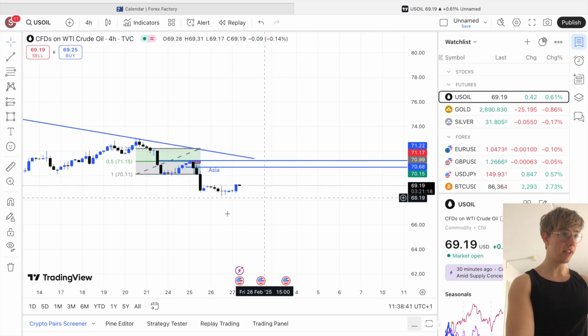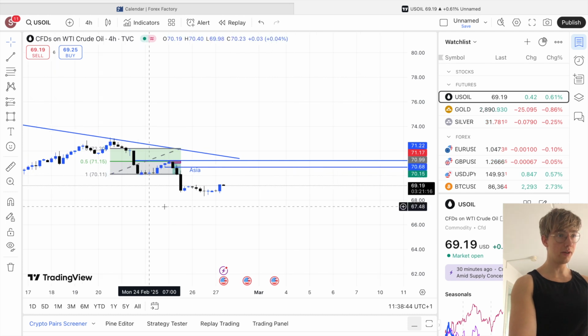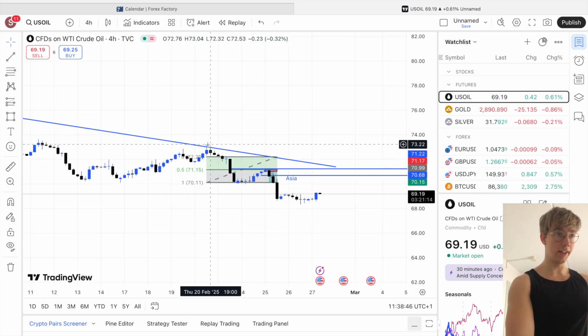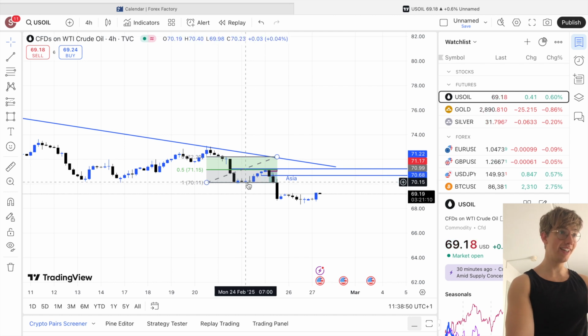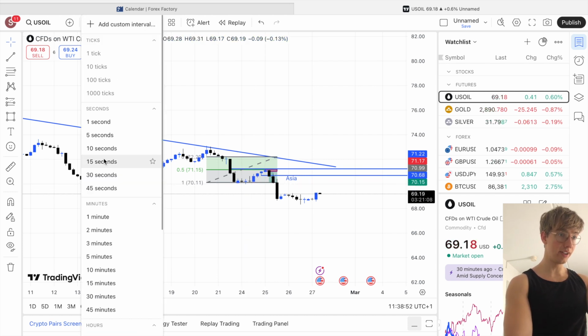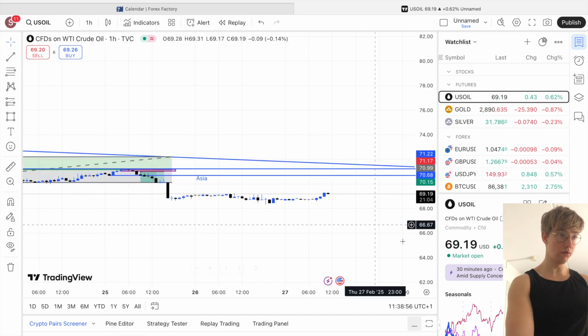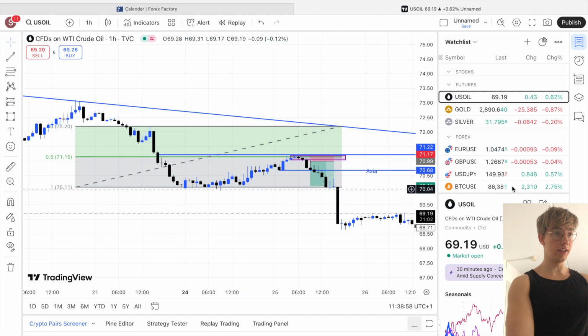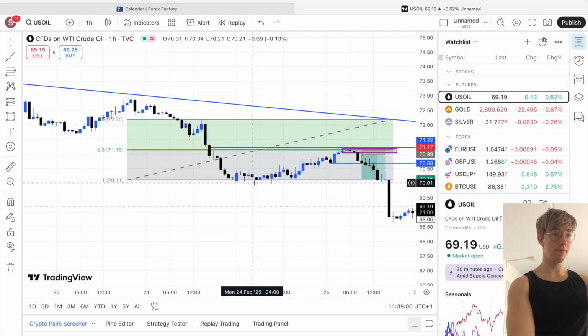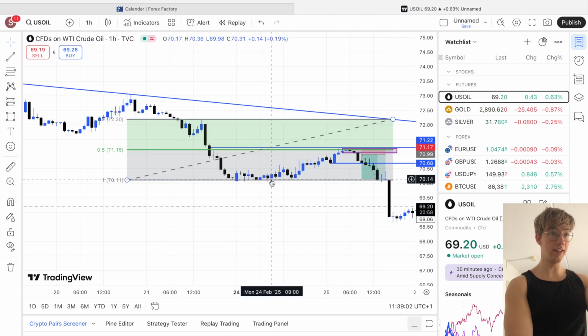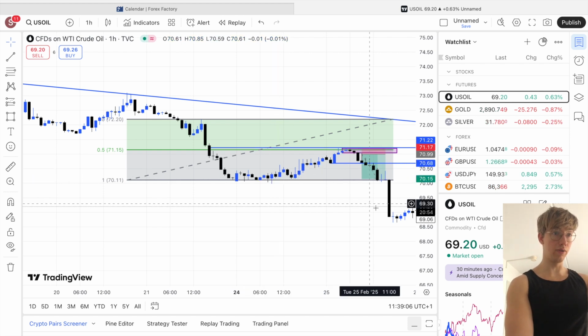So when you see right here, we're coming up to this high, and then we went down during nighttime for me. Let's go to the 1 hour for us to see better. So you can see this is during nighttime, and market opens at 9, and I didn't take a trade off of that because there was just too little action going on.